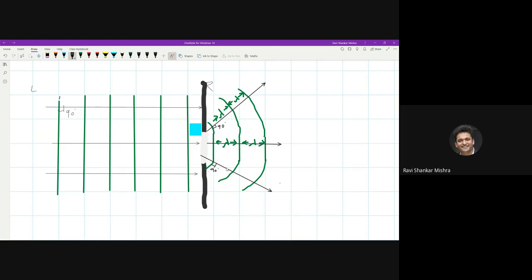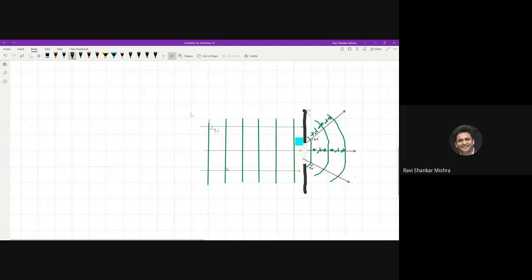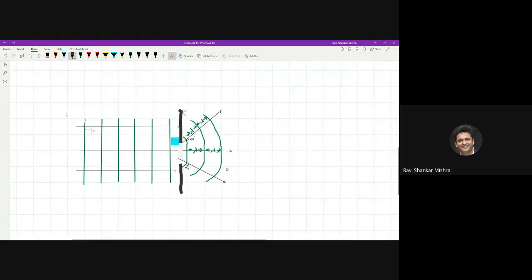This is one example of diffraction. Another example: here, what is the same? Wavelength remains the same. This lambda will be equal at every point, and in the gap it will go straight, and here it will bend.